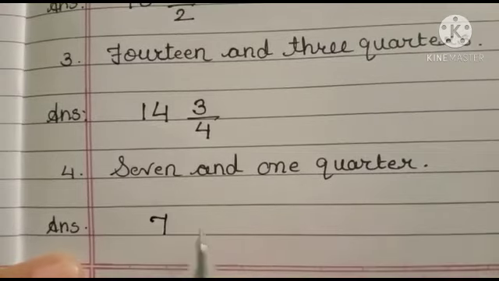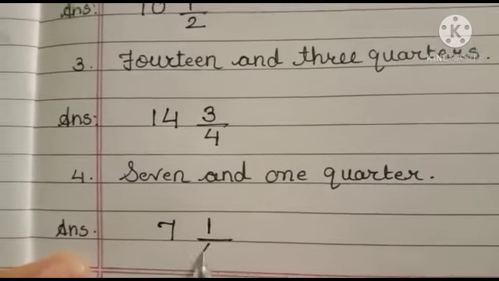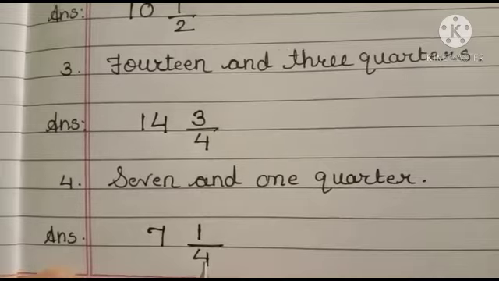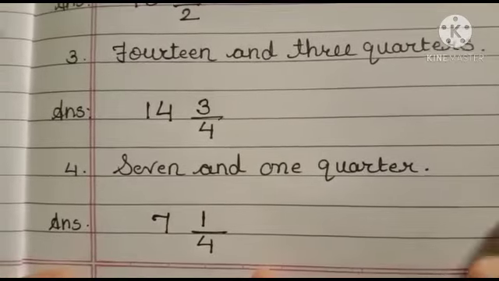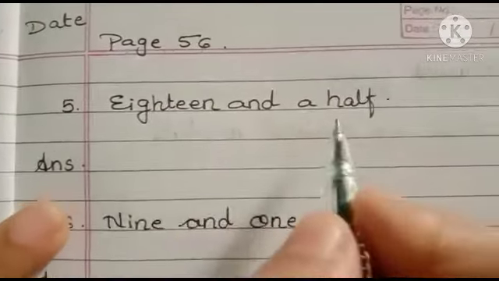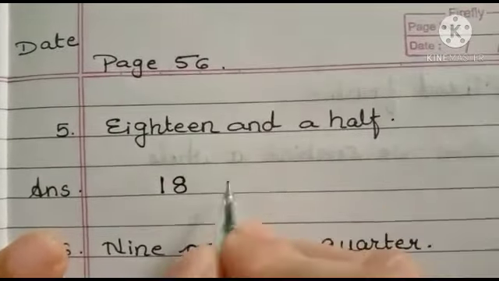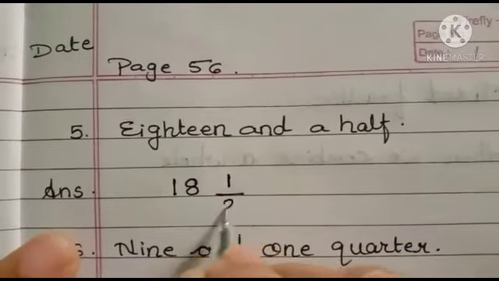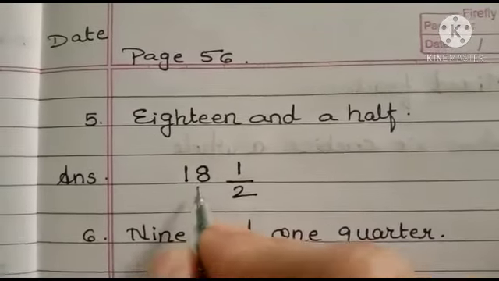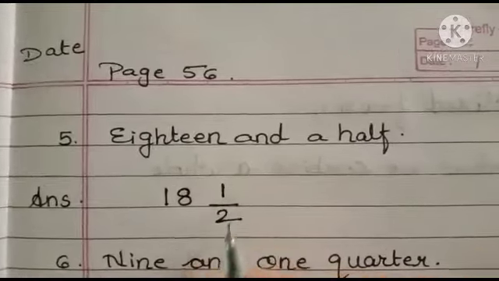So our answer is 7 and 1 upon 4. Next question is given 18 and a half. So 18 we will write, and for half, 1 upon 2. So we'll write 18 and 1 upon 2.